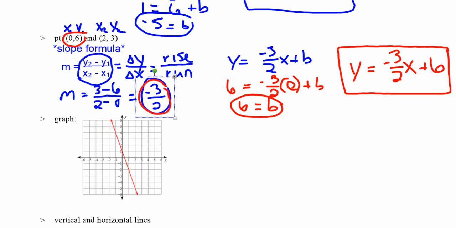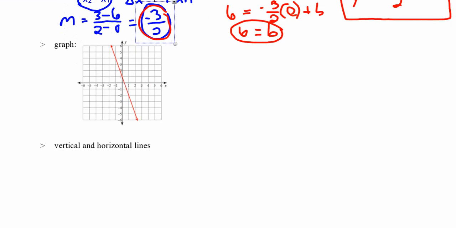Another situation we might come across is trying to write the equation of a line from a graph. So again, the key pieces of information we want to know are the y-intercept and the slope. Looking at the graph, you should be able to see where it crosses the y-axis. This point right here looks like my y-intercept, and it looks like it's exactly positive 1. So we're going to say b is equal to 1.